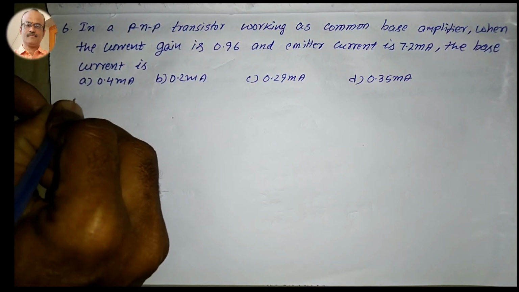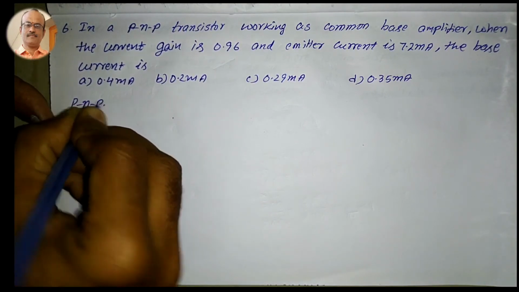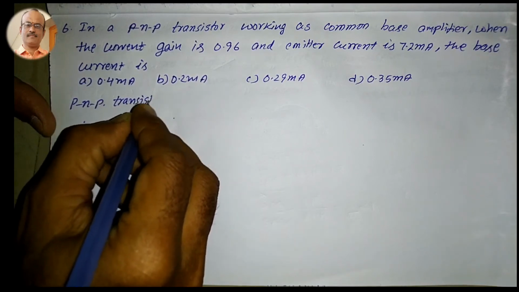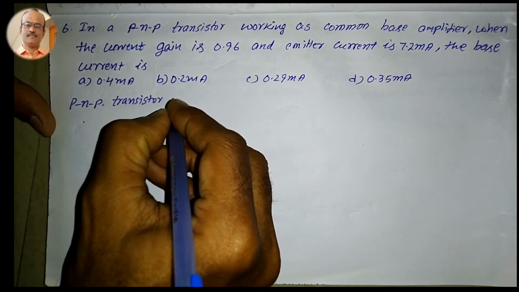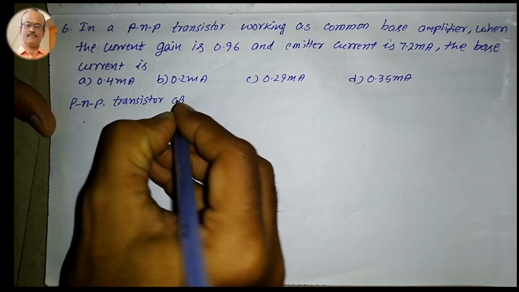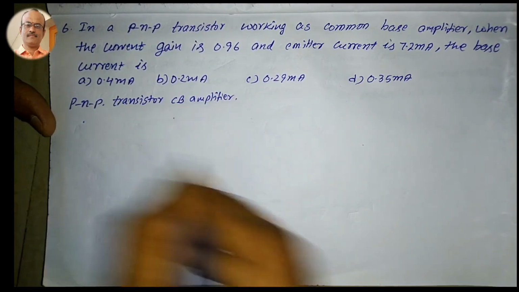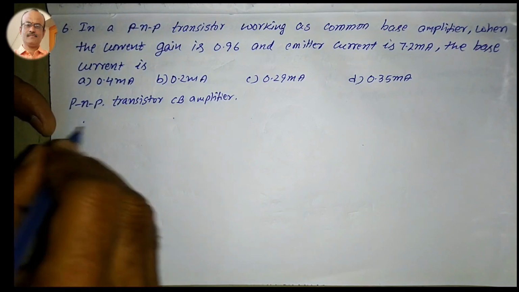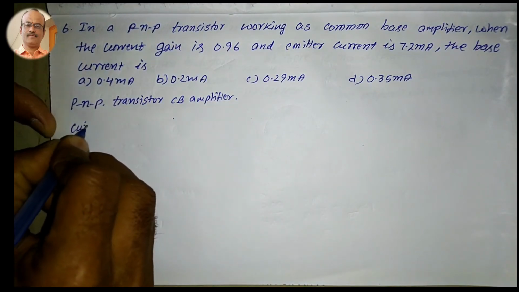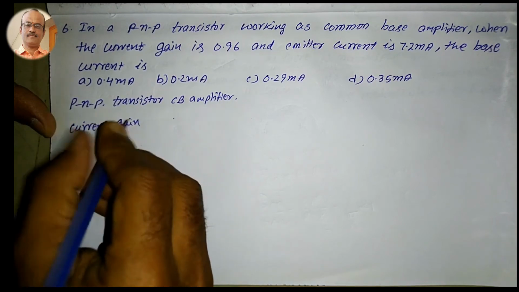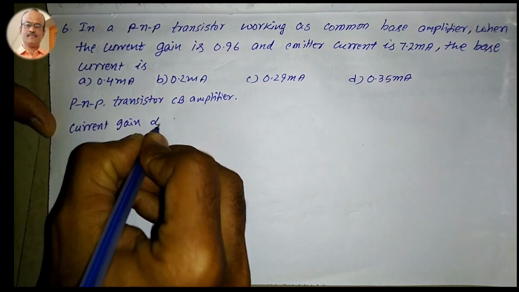Here given this is a PNP transistor with common base amplifier. When the current gain is given, so that means here current gain, that is nothing but alpha.